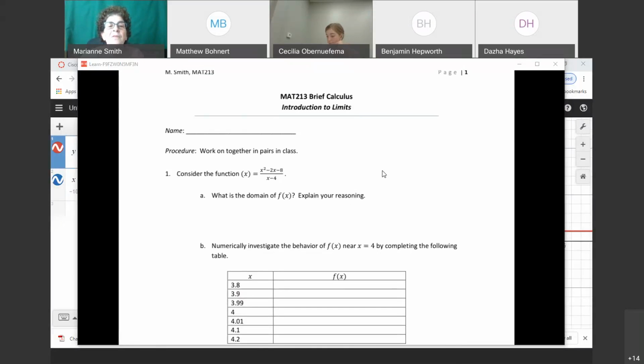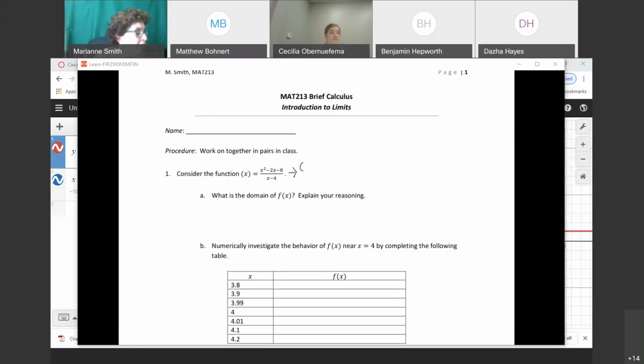So here you can see I have a rational function. Everybody good with that one? And if I factor it, and again, there are apps that do factoring, folks, so you don't need to worry about doing this yourself.